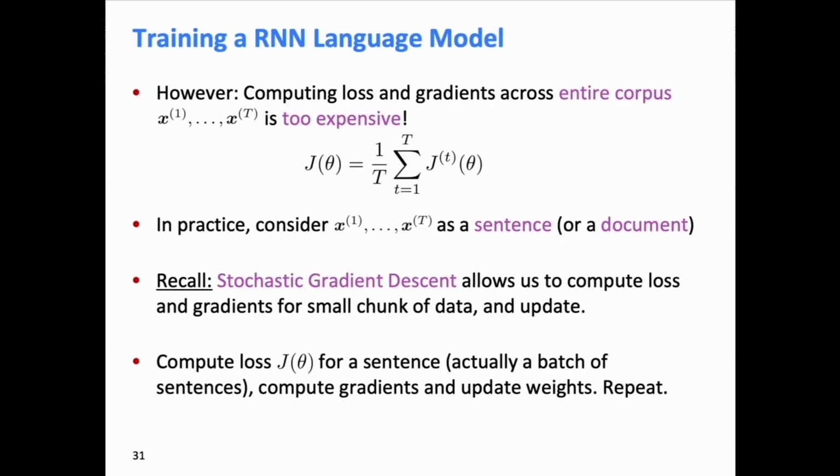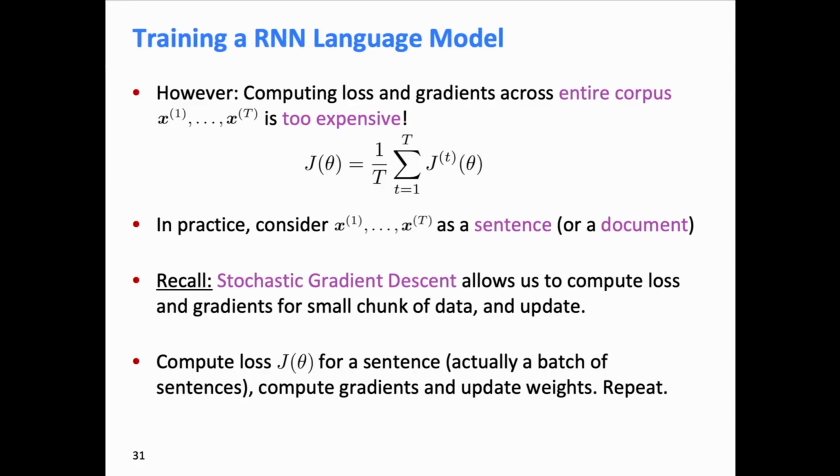Okay, so there's a caveat here. Computing the loss and gradients across the entire corpus, all of those words x1 up to x capital T, is too expensive because your corpus is probably really big. So, as a student asked earlier, in practice, what do you actually regard as your sequence? In practice, you might regard your sequence as something like a sentence or a document, some shorter unit of text.